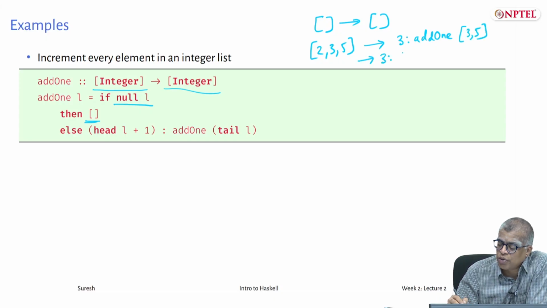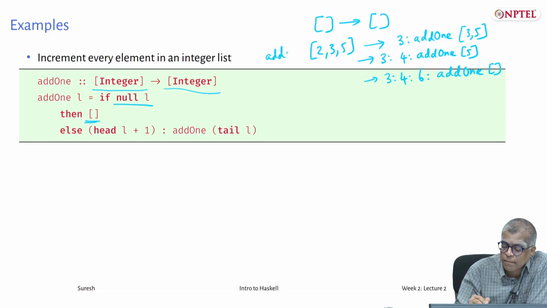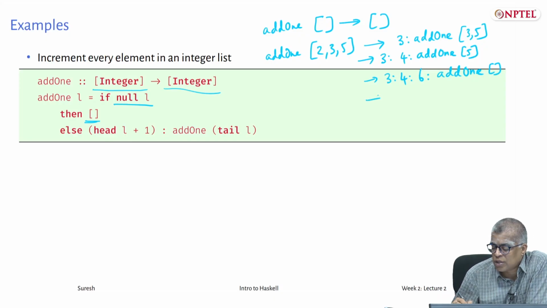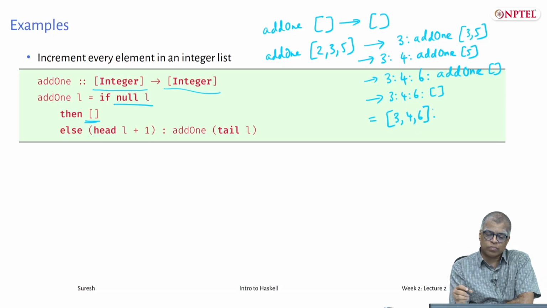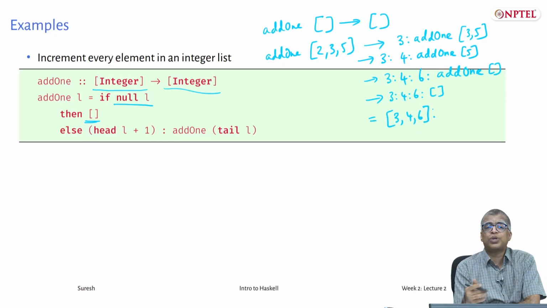And once again this should produce 4 colon add1 of 5. Add1 of the empty list is just the empty list, so this should produce 3 colon 4 colon 6 colon empty list, which is nothing but the list 3, 4, 6. This is how the computation would evolve.